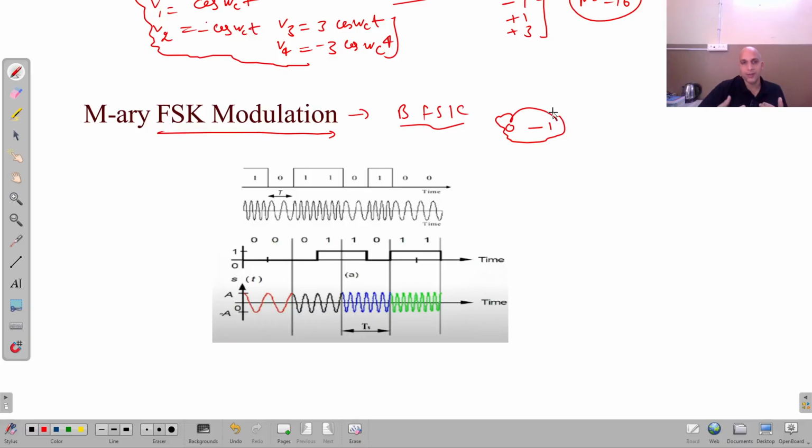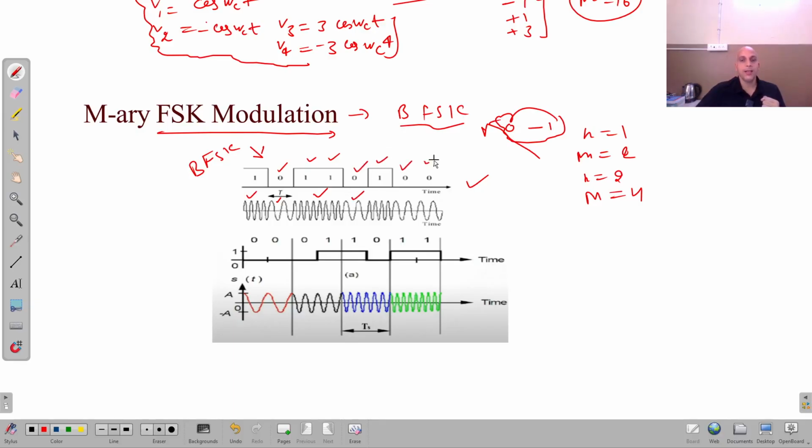But now here I can change whatever value I want. If I take n equal to 1, then M is equal to 2, that is the binary case. But if n is equal to 2, then M is equal to 4. Two examples are shown here. This is binary frequency shift keying. Here you can see 1 corresponds to a high frequency and 0 corresponds to a low frequency, so 1 bit per symbol.